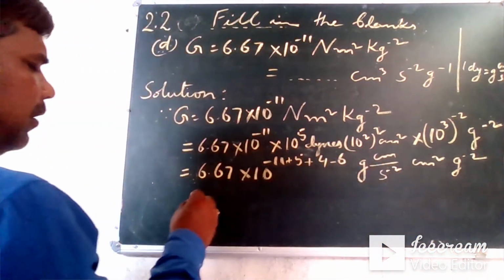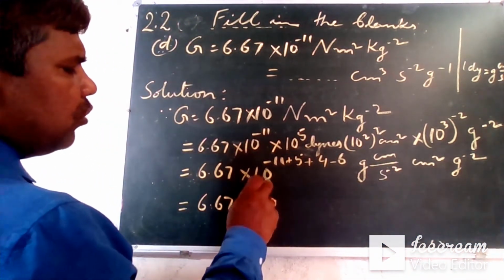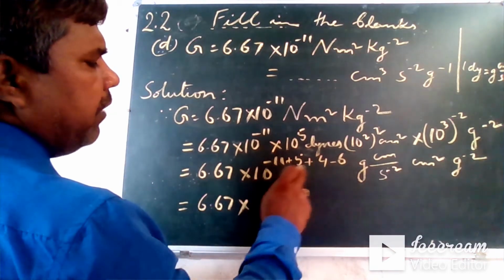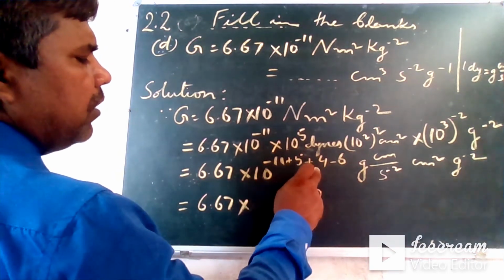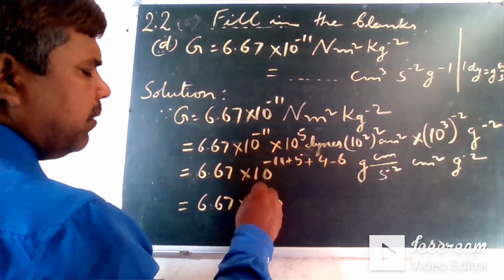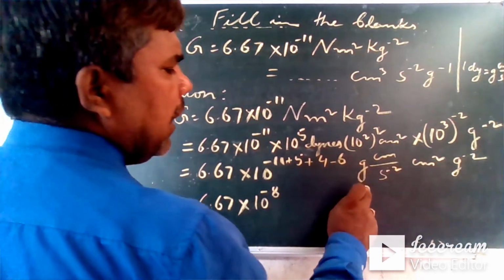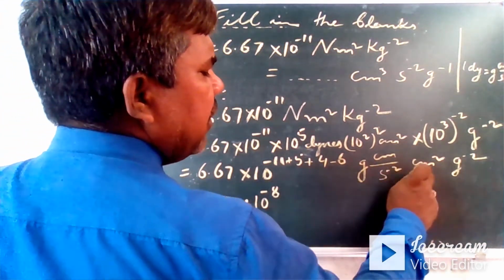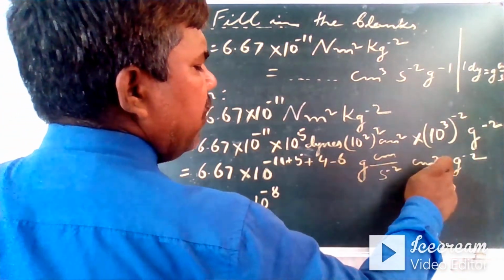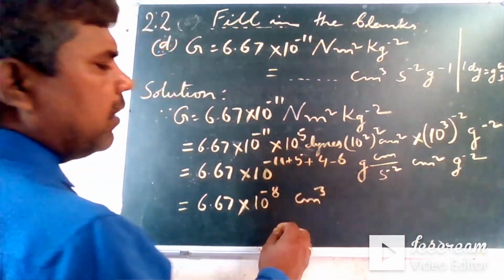So here it is coming 6.67 into 10 to the power what? 5 plus 4 minus 6 is 3, which added to minus 11 becomes 10 to the power minus 8. For centimeter, 1 power and 2 power, it becomes centimeter cube.